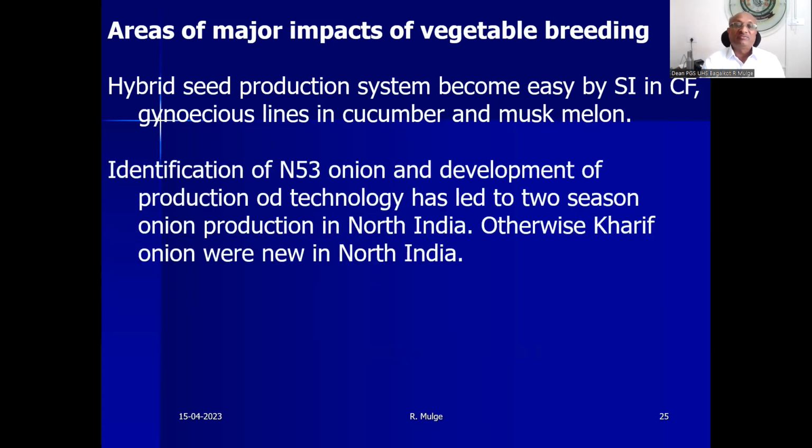Then identification of the N-53 onion variety and development of production technology has led to two-season onion production in North India. Otherwise, Kharif onions were not there in North India. Even now you see the requirement of North India in the Kharif end is met from the south, right?